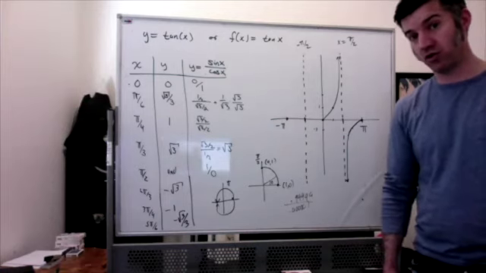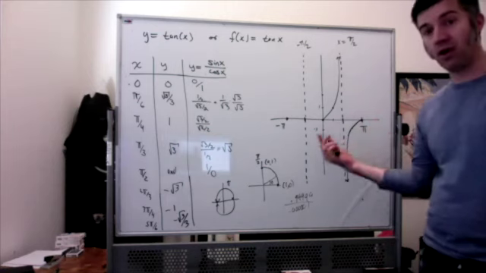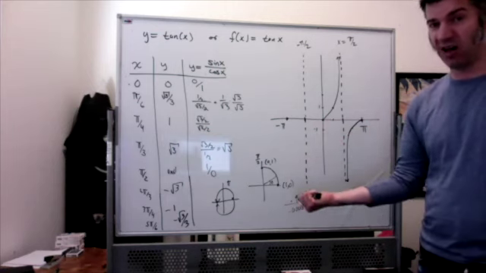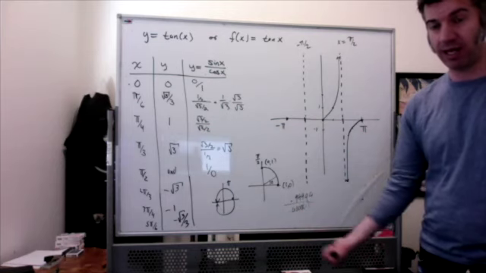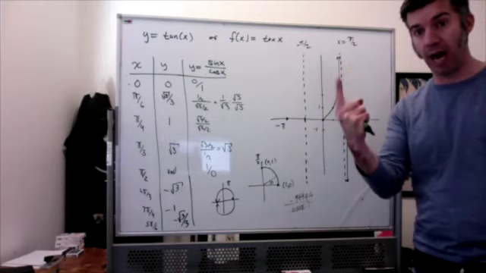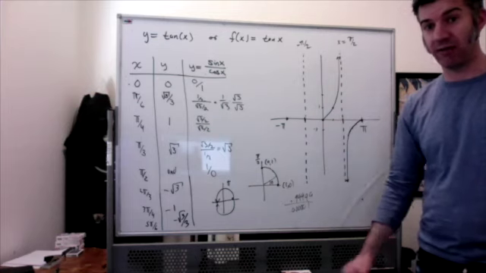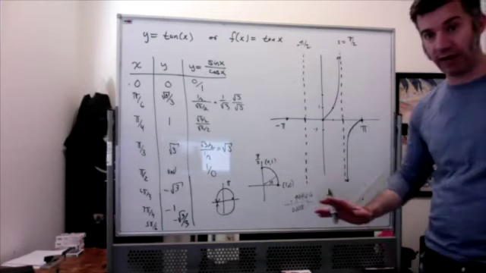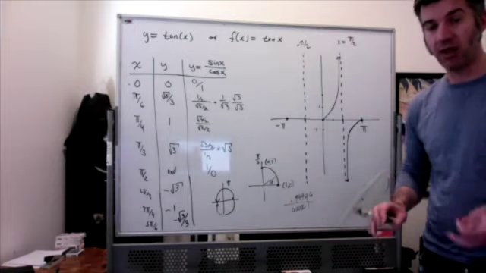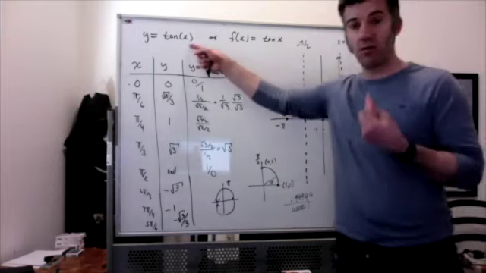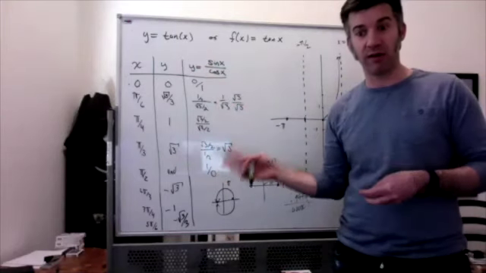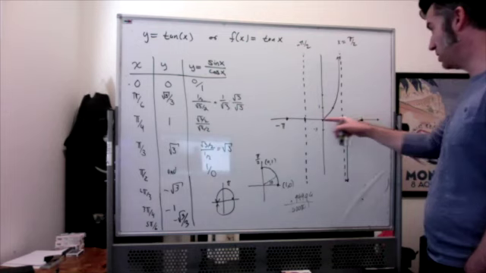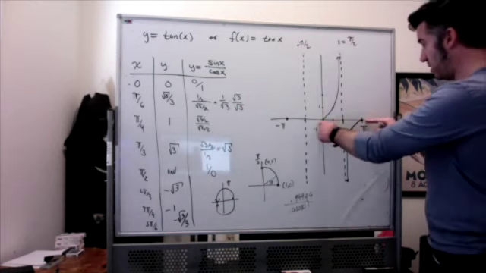But I should stress, this is one full period of tangent. Tangent, unlike sine and cosine, has a period of pi, whereas sine and cosine have a period of 2 pi, unless you've changed it. If you have just tangent of x, or just sine of x, or just cosine of x, their periods are pi for tangent of x, and 2 pi for sine of x and cosine of x. So this is one full period, meaning once you've got this, it's just going to repeat.